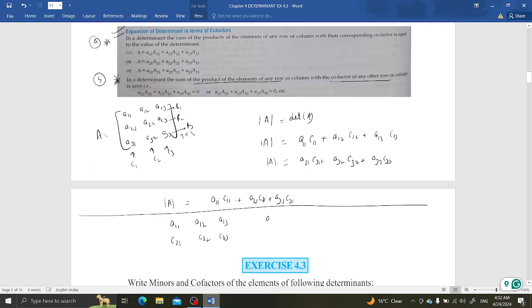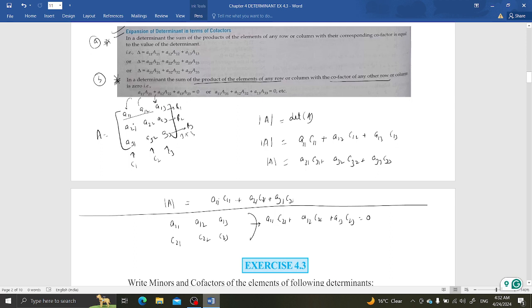Then a11 c21, a12 c22, a13 c23 will be 0 all the time. If you multiply the elements by the corresponding cofactors of the same row, then you get the determinant, which may be 0 or non-zero.